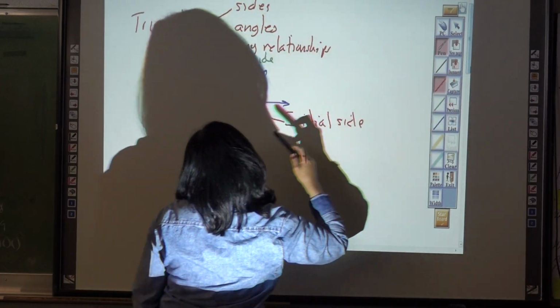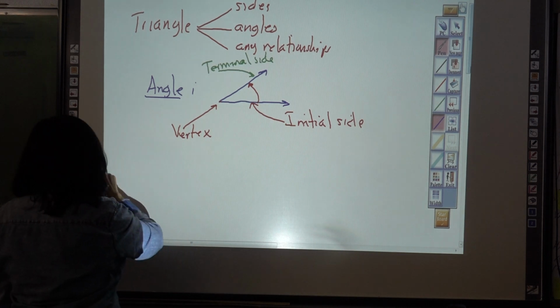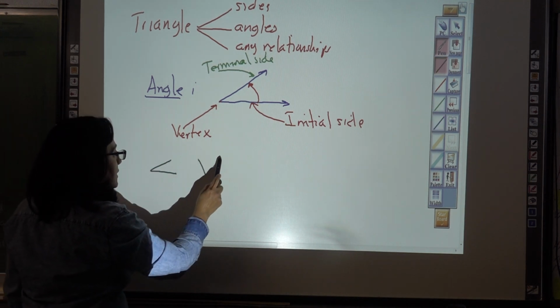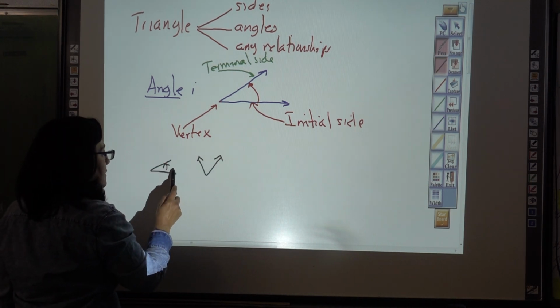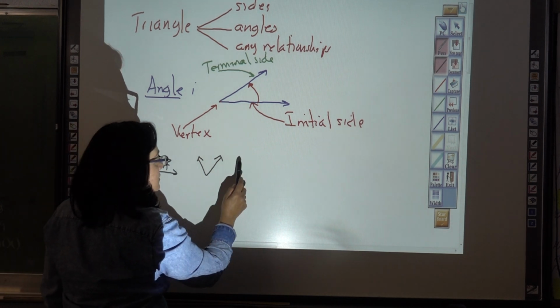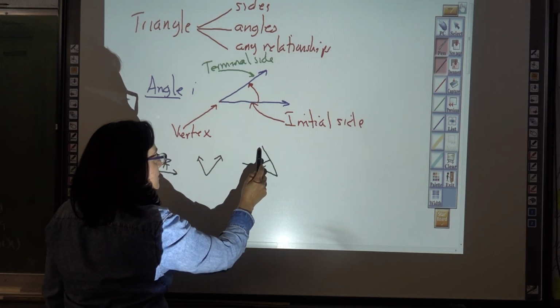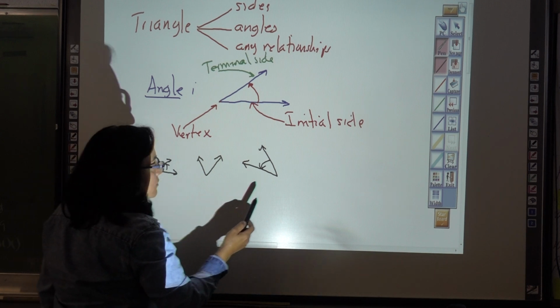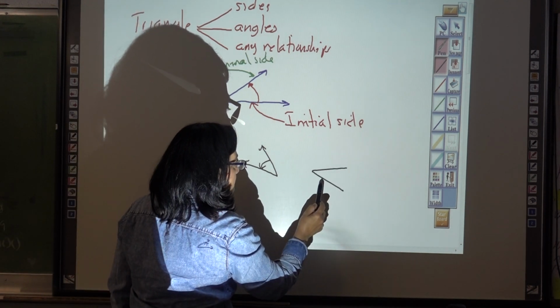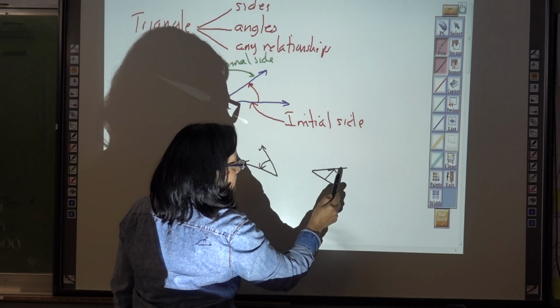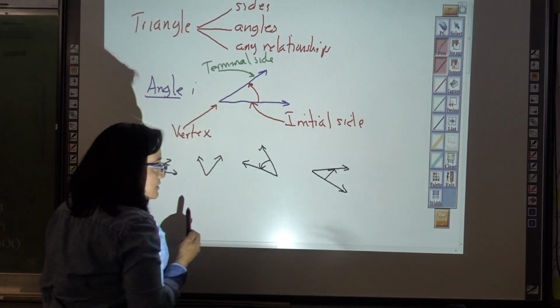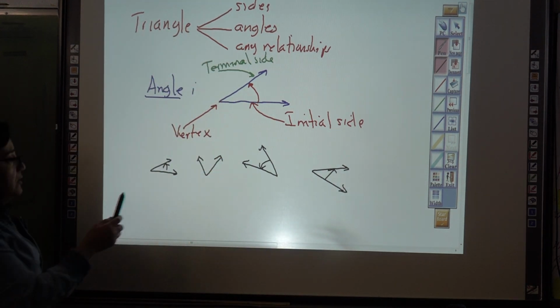Okay. So we can have angles in the plane. For example, going this way, right? We have angles this way or this way. So this can be any angle.